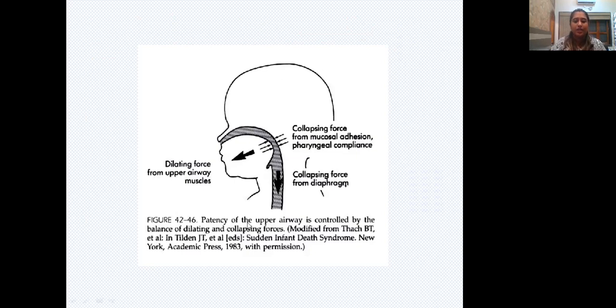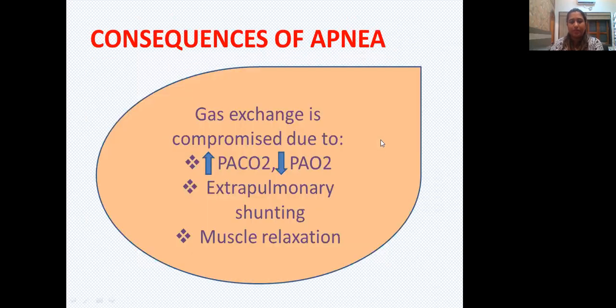So these are the various forces which act for the patency of the upper airway. This is the dilating force of the upper airway muscles and the collapsing force from mucosal adhesion and pharyngeal compliance. So in a nutshell, the consequences of apnea are that gas exchange is compromised.